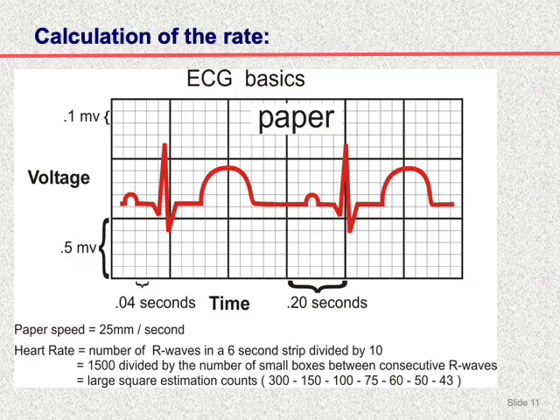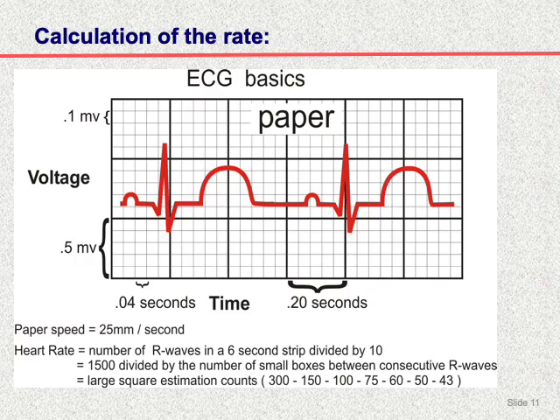So this is very easy. If the RR interval is, as you see here, 4 squares, the rate is 75. If it is 5 squares, it will be 60. 6 squares will be 50. And if it is 2 squares, it will be 150.